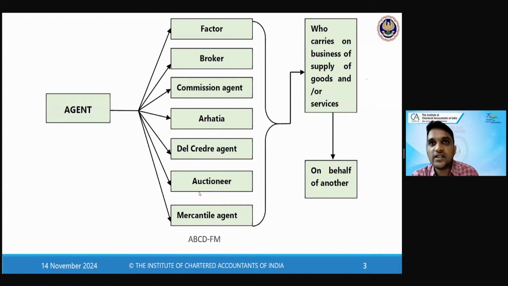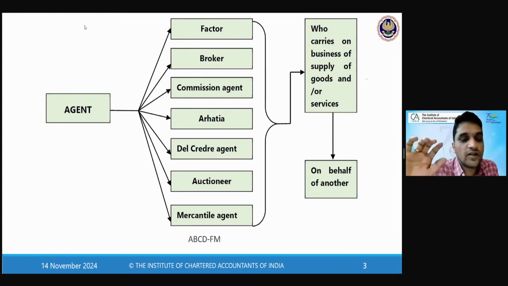So whoever does the transactions on behalf of the other is an agent. Arhatia means a person who is also a broker, who does the transaction with the seller and gets back to you. He is also one type of agent. Factor means one who does the sourcing, buying of the goods on your behalf. He is a factor.